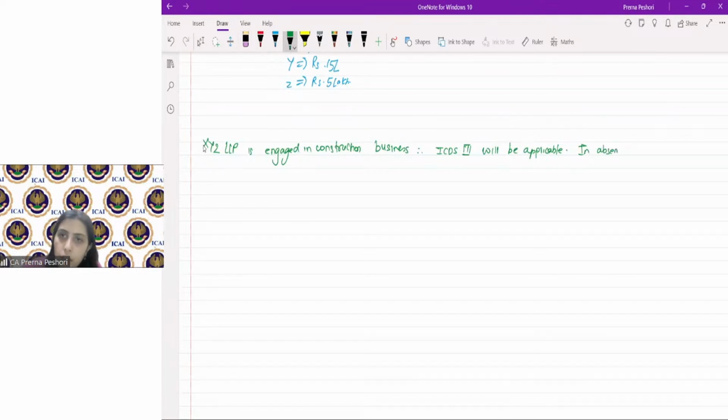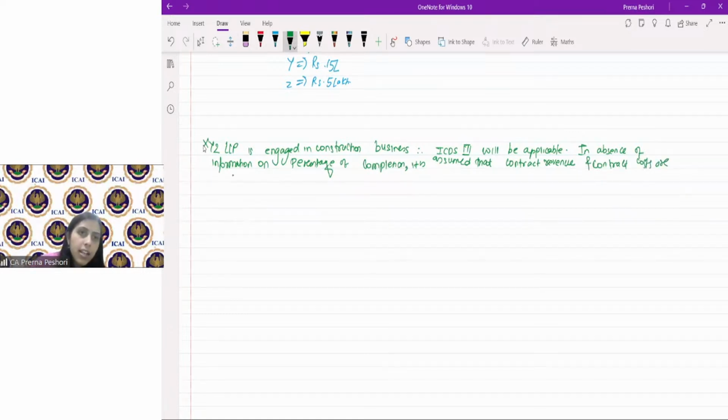In absence of information on percentage of completion, it is assumed that contract revenue and contract cost are recognized on percentage of completion method.